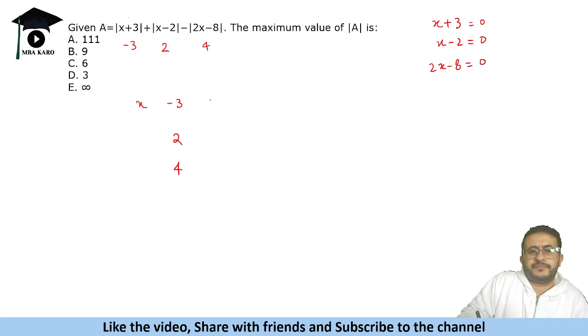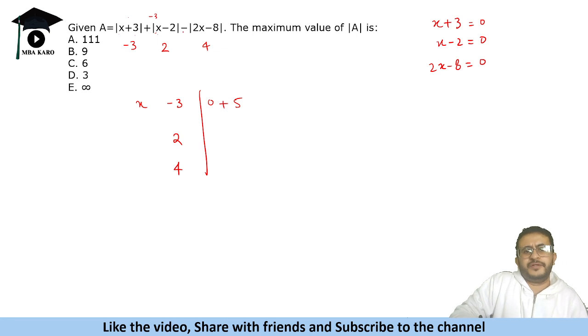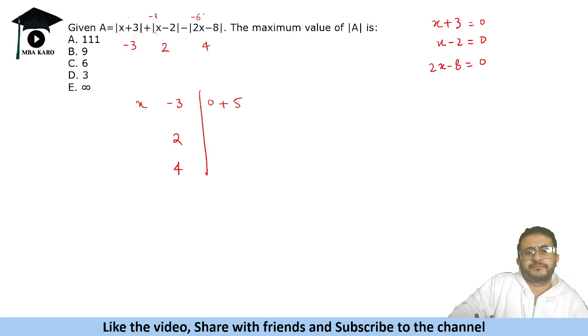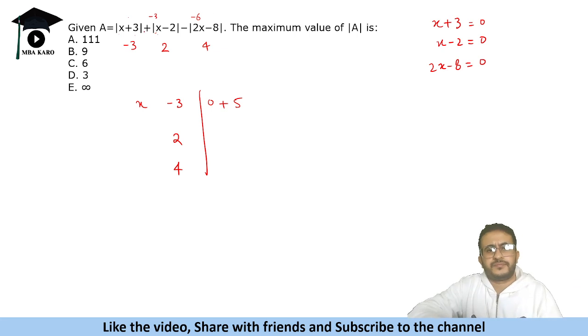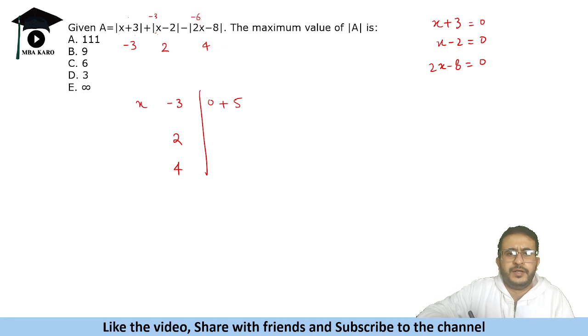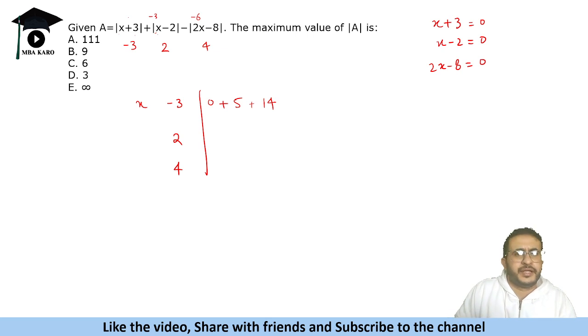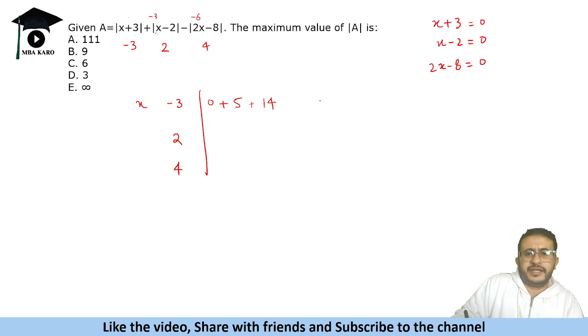For x equal to minus 3, x plus 3 becomes 0, and x minus 2, minus 3 minus 2, becomes minus 5. If we take mod, it becomes 5. Then we have 2x minus 8. 2x is minus 6, and minus 6 minus 8 is minus 14, which becomes 14 after taking mod. So this becomes 19.